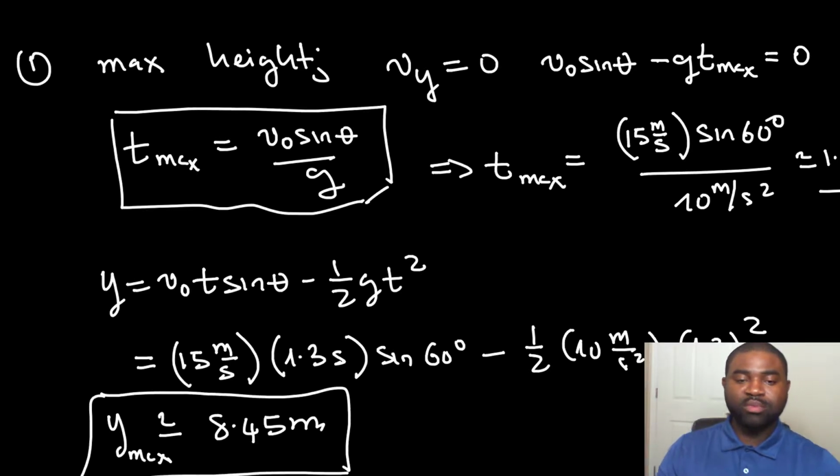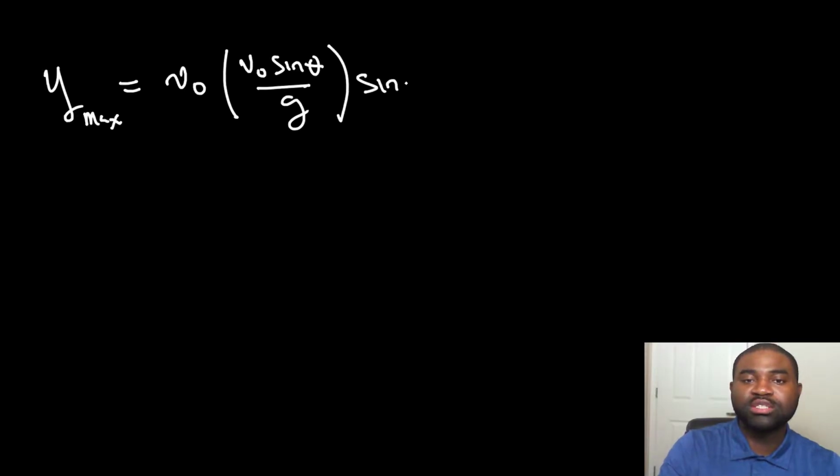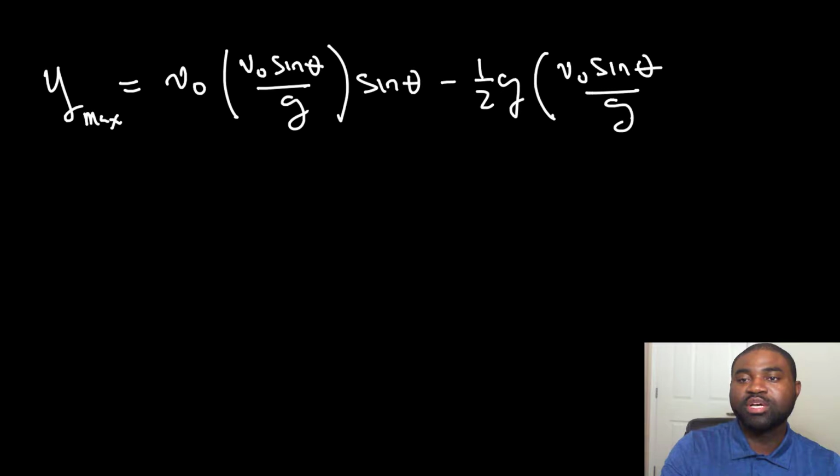So this is Y max. Another way that you can actually do this is to take this expression and substitute it in that equation. If we do that, Y max will be equal to V naught bracket V naught sine theta divided by g multiplied by sine theta minus 1/2 g bracket V naught sine theta divided by g all squared.